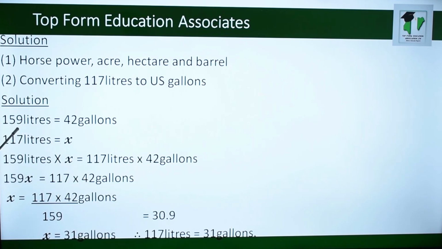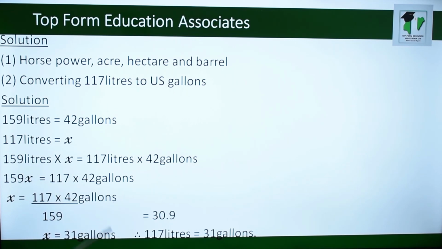We have 159 liters equals 42 gallons. Now 117 liters will give you what value in gallons? We want to find out. So I have 159 liters times X, equal to 117 liters times 42 gallons.